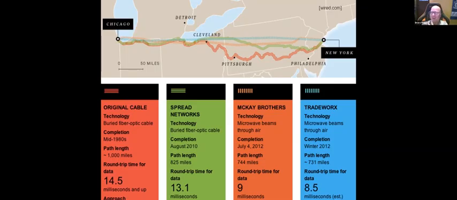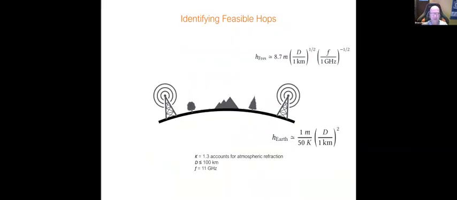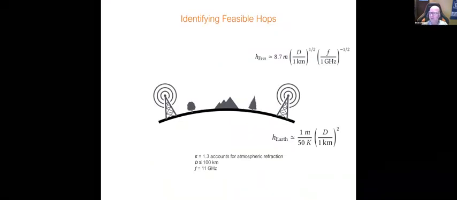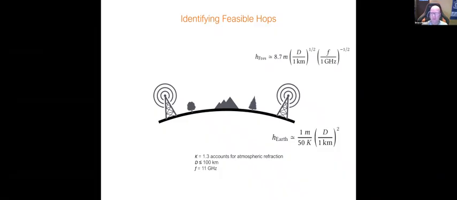So there's a lot of very careful tuning of how much power is used in each hop. If you want to build a network like this, one of the things you have to do is figure out which towers can talk to each other. There's a standard formula that takes into account the height of the towers, the distance between the towers, the frequency that you're going to transmit at, and the curvature of the Earth.